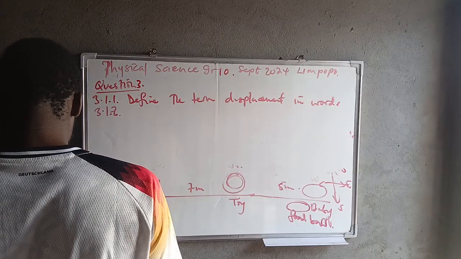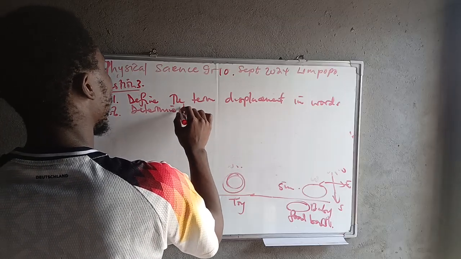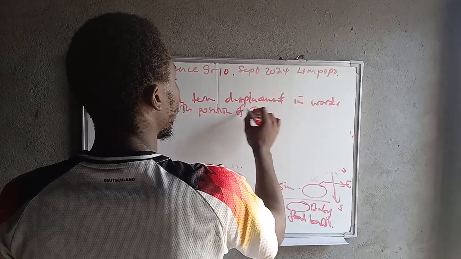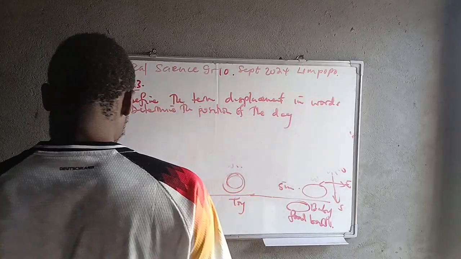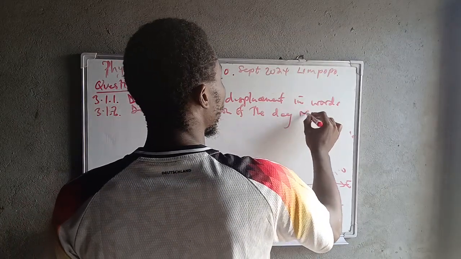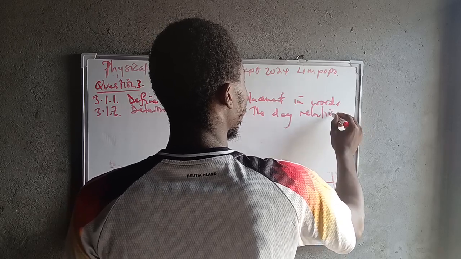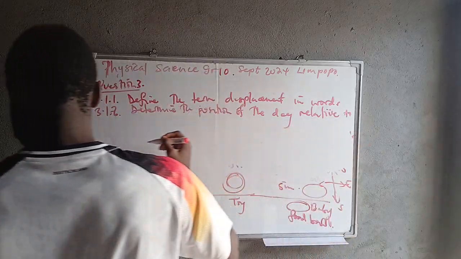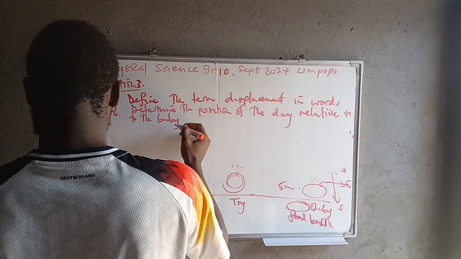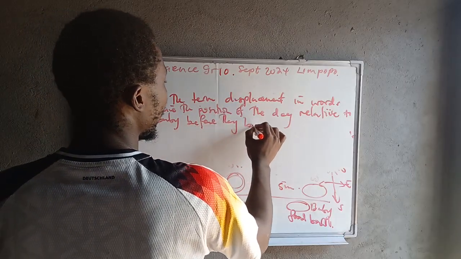3.12. Determine the position of the dog relative to the baby before they both moved.